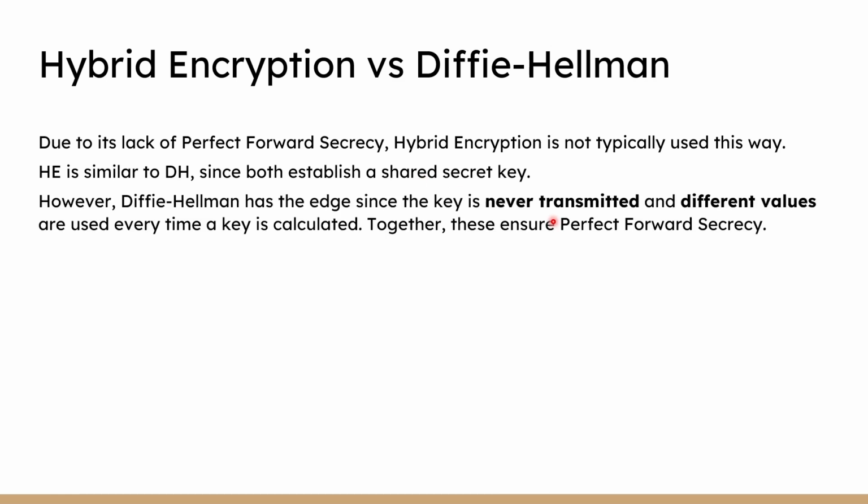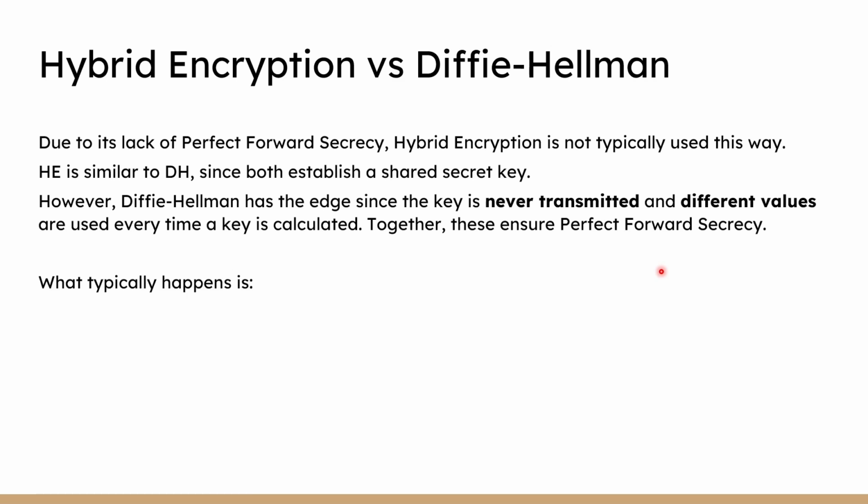But you might as well just use Diffie-Hellman, since you never even have to send the key in the first place. You just share values to derive the key, and you can't work out the key from the values that are sent. So Diffie-Hellman has perfect forward secrecy by default, as long as you use different values every time you generate a key, which isn't hard to do.